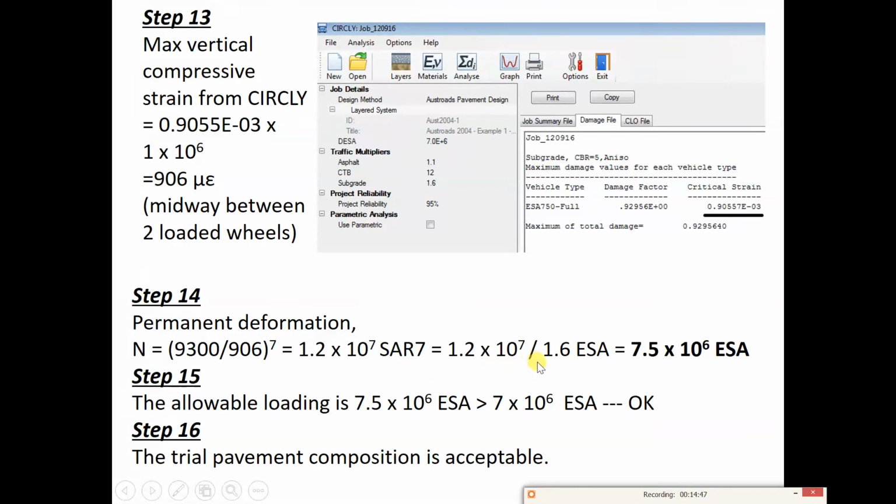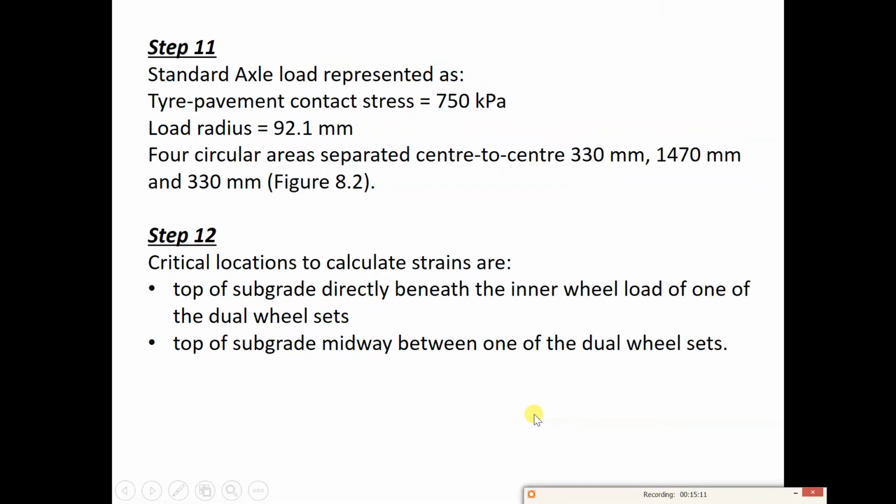So that will give us the allowable repetitions. This is 7.5 times 10 to the power of 6 ESA. So the allowable loading is 7.5 times 10 to the power 6 ESA, compared with the design traffic loading of 7 times 10 to the power 6.